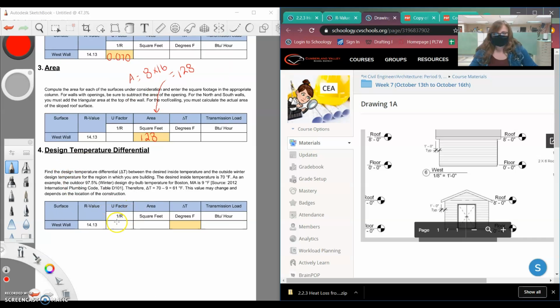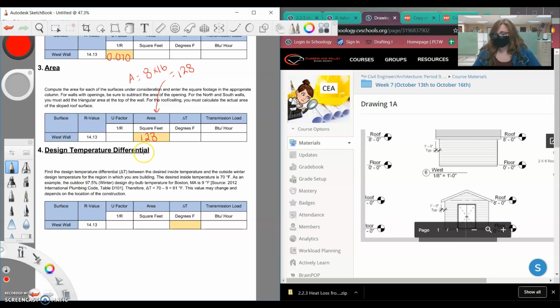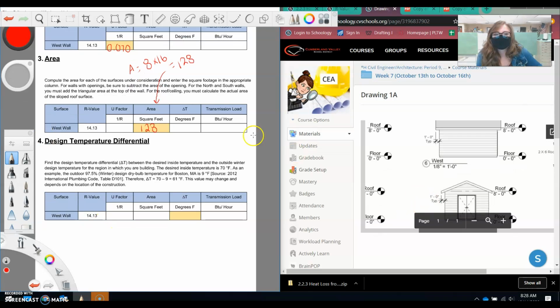Temperature differential. This is the one where you would use the example weather data, but I'm not having you do that, because the problem itself gives you the answer, and it's the same for every row. So if you look down here, find the design temperature differential between the desired inside temperature and the outside winter design.